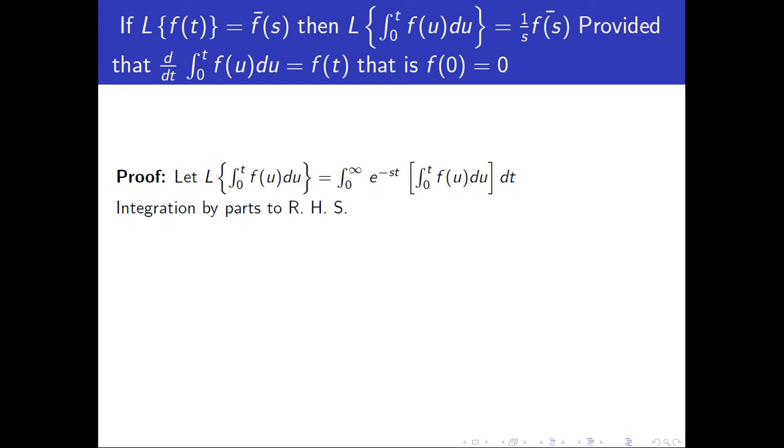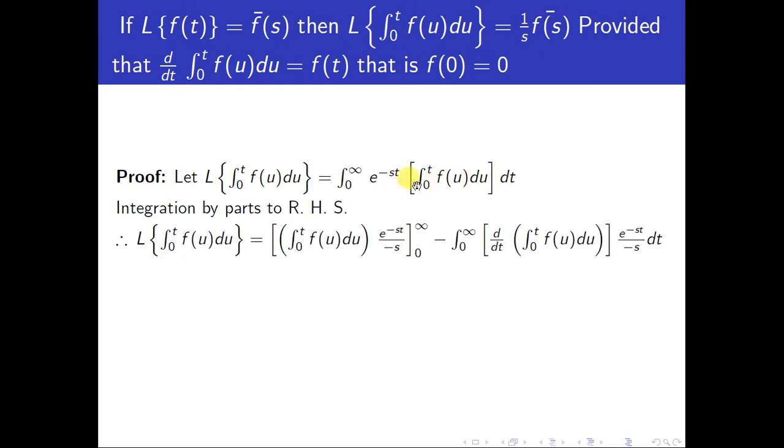Integration by parts to RHS, we get integration from 0 to t f of u du e raised to minus st upon minus s, limits will be from 0 to infinity, minus integration from 0 to infinity d by dt of integration from 0 to t f of u du, and integration of e raised to minus st is e raised to minus st upon minus s dt.